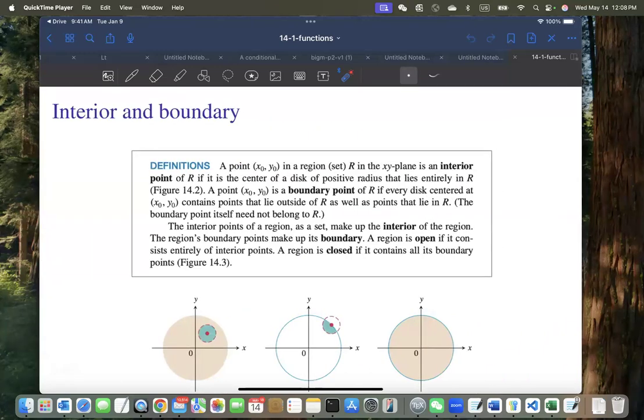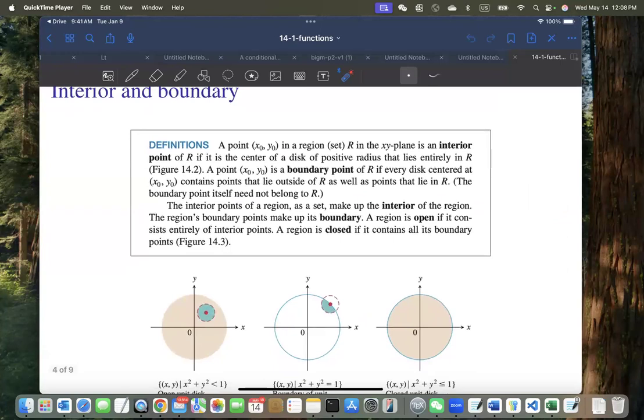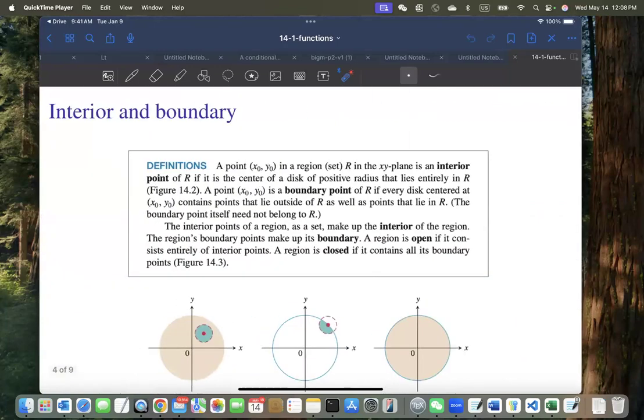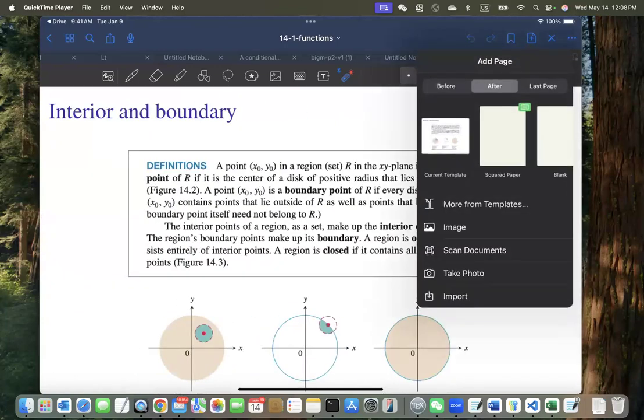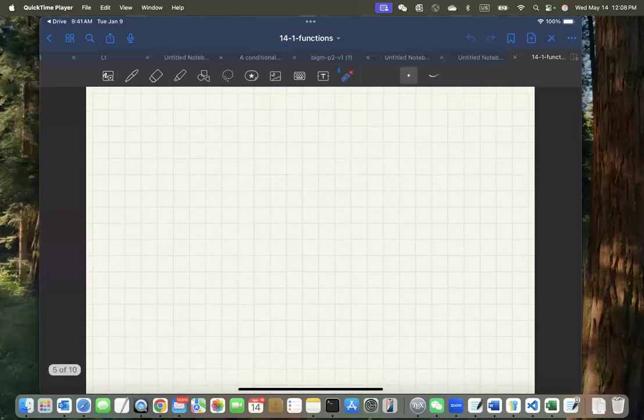Another concept is interior and boundary. And at the end, we will introduce what we mean by open and closed. So before we read this concept, we are going to look at two examples.